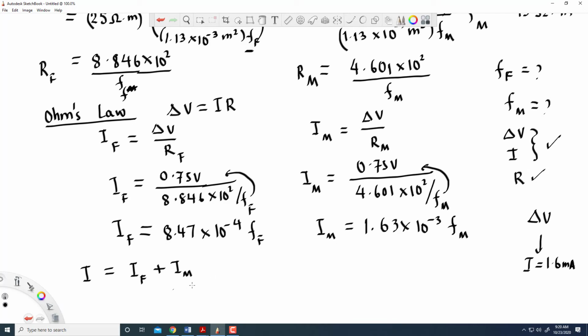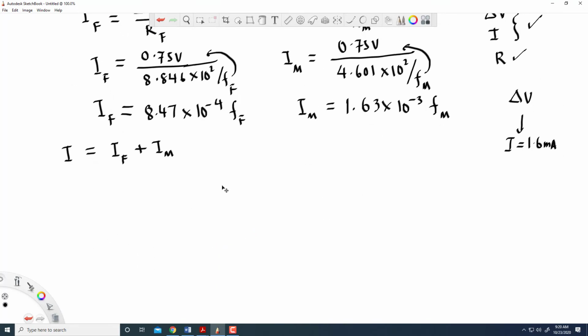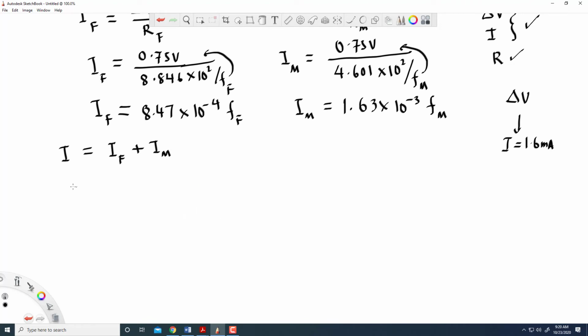Okay, so total current 1.6 milliamps, milli is 10 to negative 3. I equals 8.47 times 10 to negative 4 FF plus 1.63 times 10 to negative 3 FM.